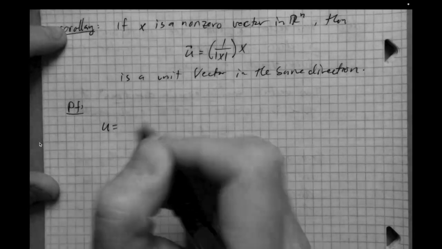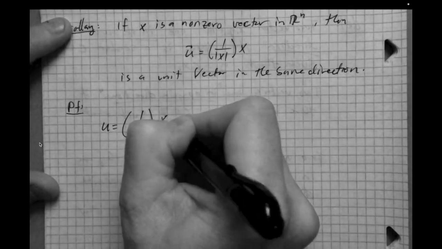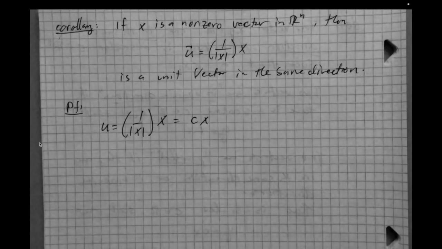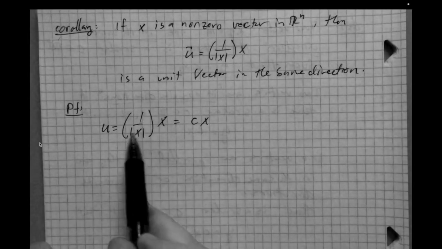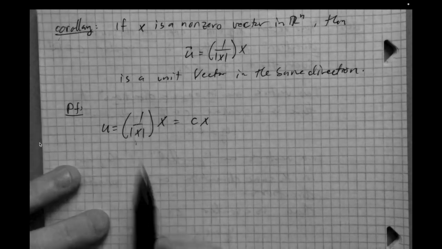So u is equal to 1 over the norm of x times x, which is equal to c times x. So this is a constant. The norm is always just a real number, so this certainly is a constant.